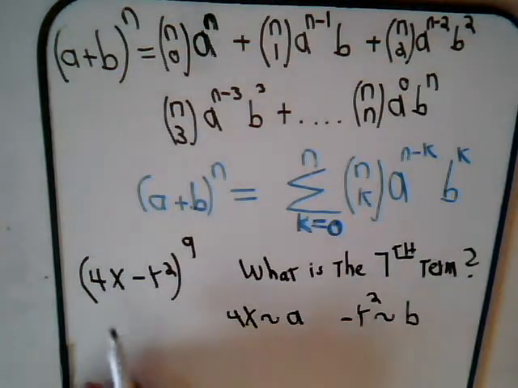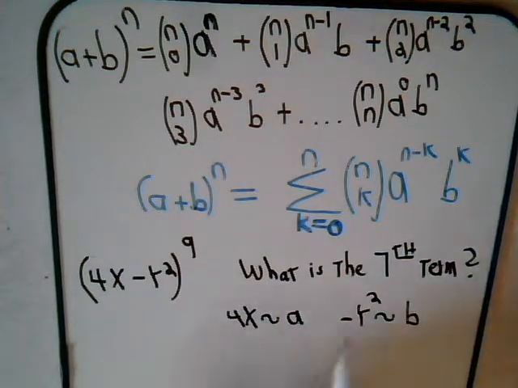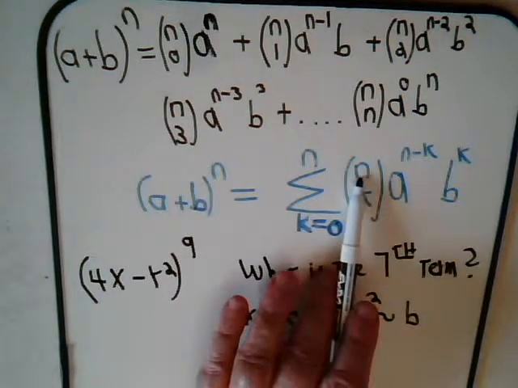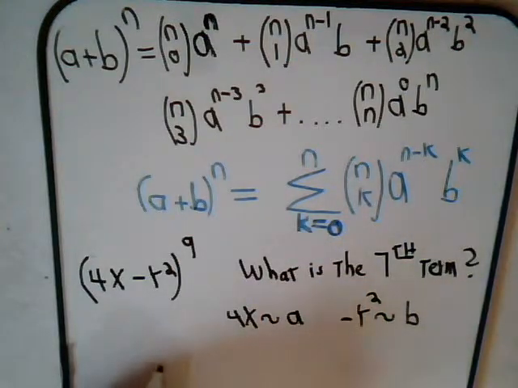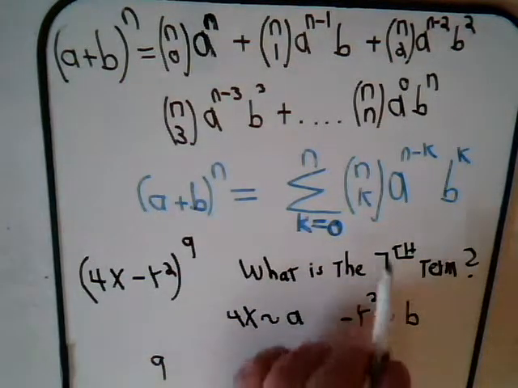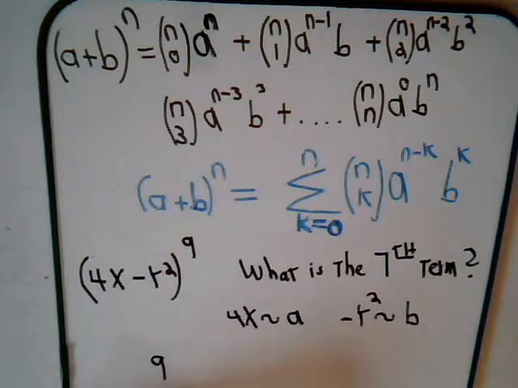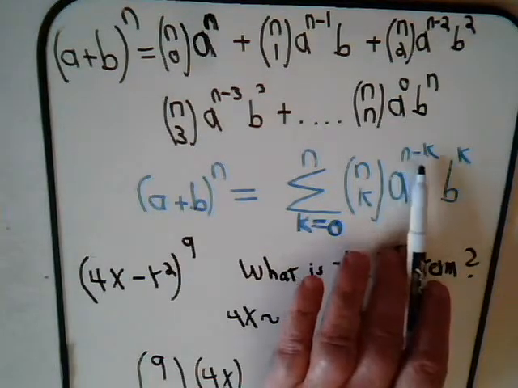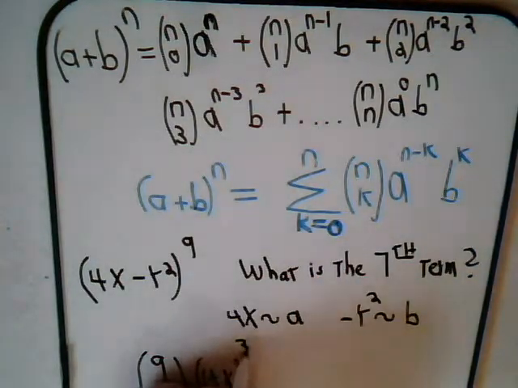So if we were to multiply this out 9 times, what would be the 7th term? Well, we look here, okay, n is equal to 9. For the 7th term, k equals 6, so there's our binomial coefficient. A, that's 4x. And what power would that be raised to? 9 minus 6, that's 3.